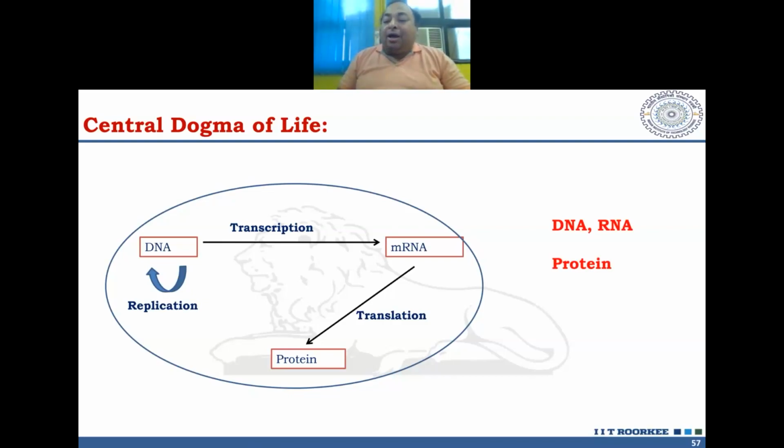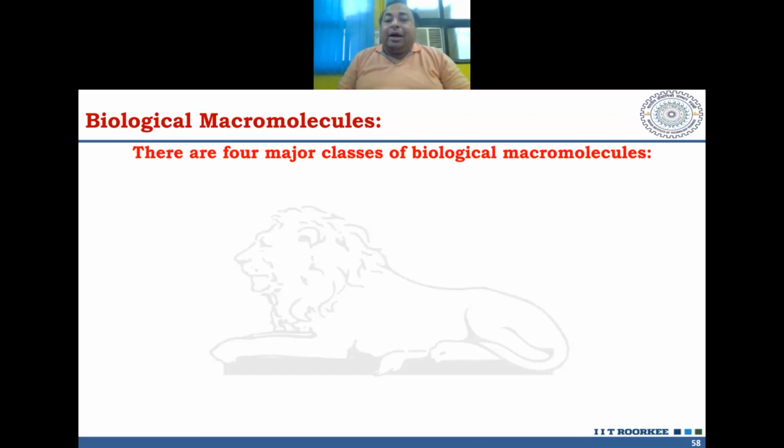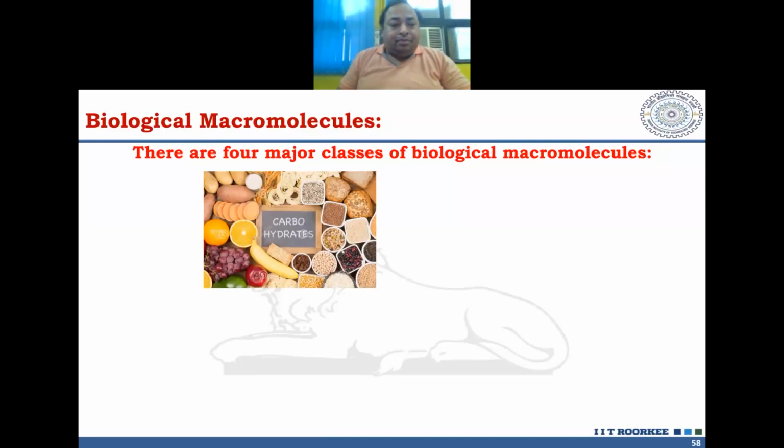DNA and RNA are nucleic acids, and protein is built from amino acids. Amino acids are the building blocks. So are there other macromolecules here? We started defining the four major classes of biological macromolecules, where we ended in the last class.